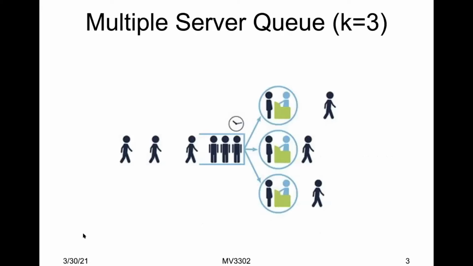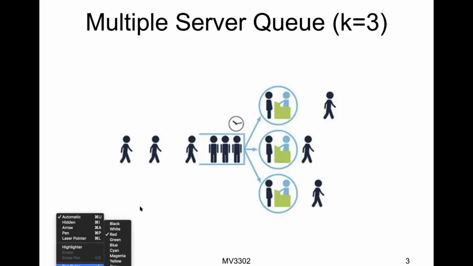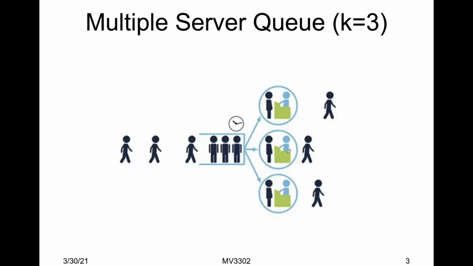And so here's how that might look if the number of servers is 3, for example. Here we have 3 servers, 1, 2, and 3. Notice that they're listed as being roughly identical and kind of anonymous. So in this model, all the servers are basically identical.